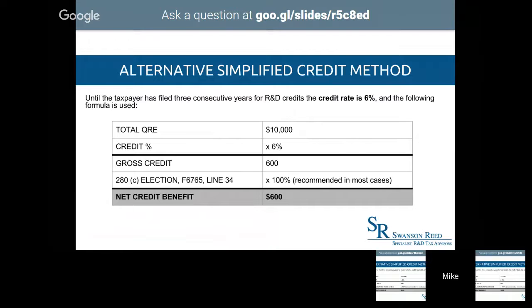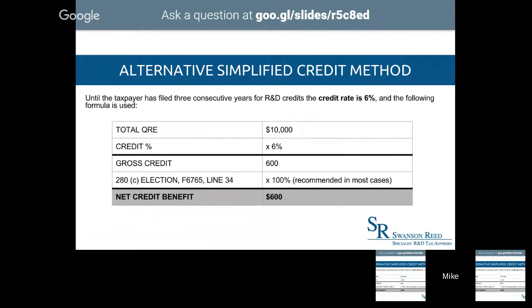It's called the 280C election. Just put that in the back of your memory for right now, and we'll talk about it in more detail later. For the alternative simplified credit method, it's in Form 6765 on line 34, and we're going to give some specific instruction on that as we move forward. But we're going to count 100% of that credit, so your total net credit benefit is $600 in this example.